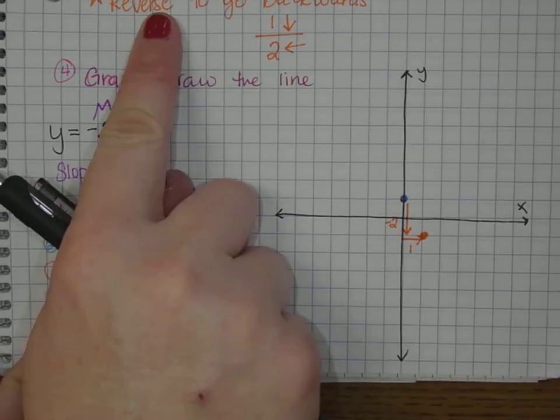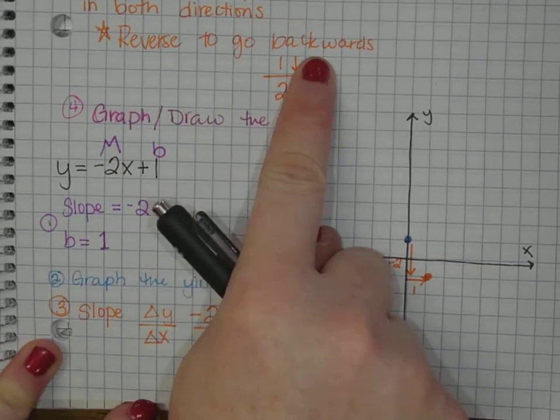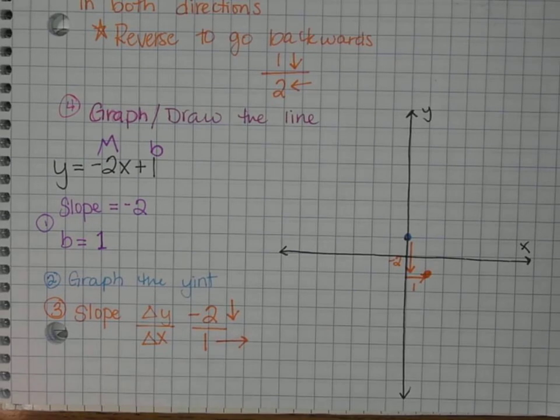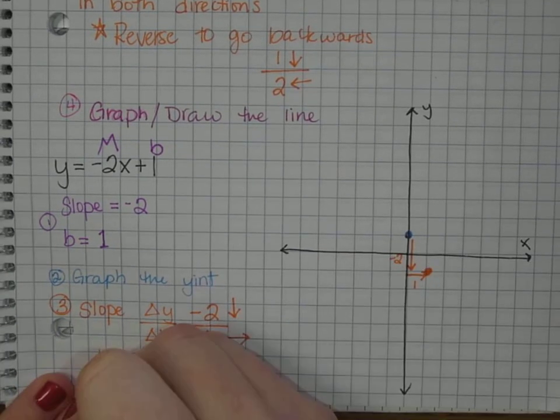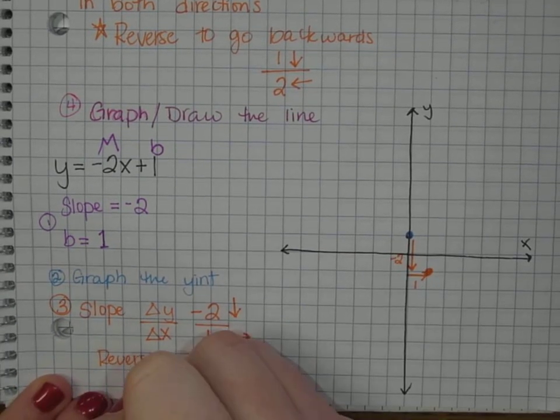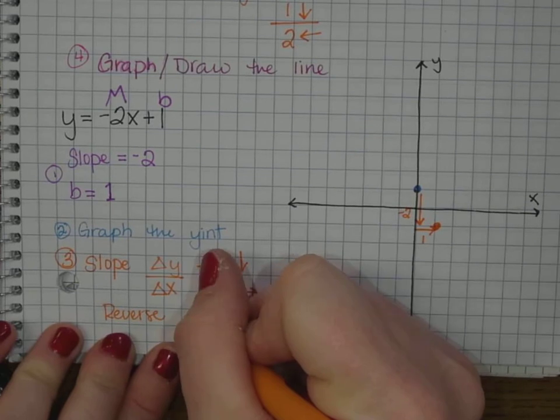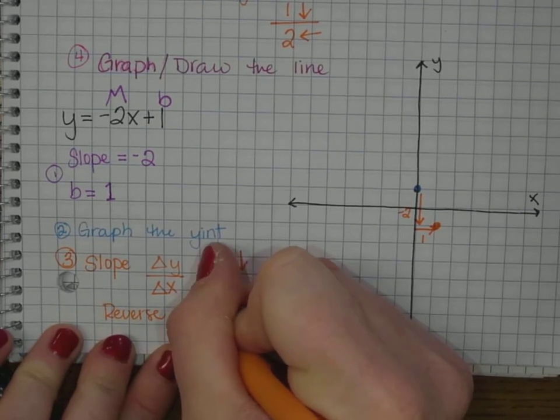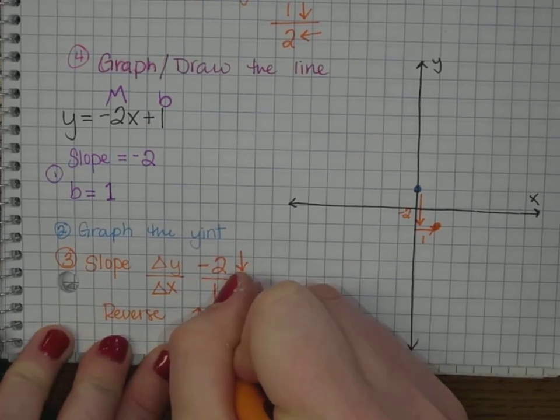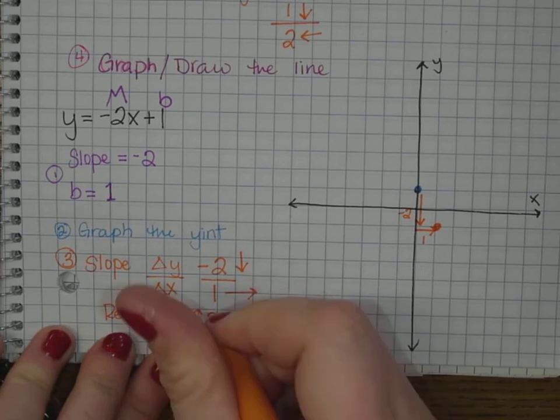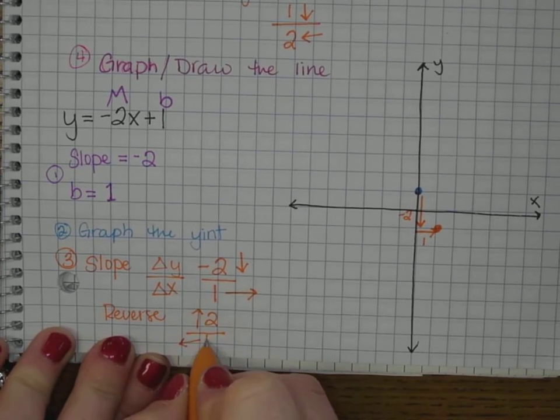Now remember, you have to go in reverse to find the point before that. So now I'm going to write reverse. Instead of going down, I'm going to go up 2, and instead of going right, I'm going to go back 1.